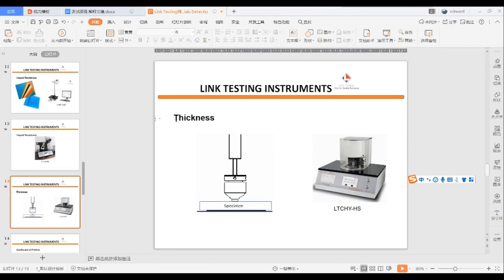Until now, all around the world, they follow ASTM standards, ISO standards, or any other standards. If the customer wants to get the thickness, they must use this kind of machine. We call it a physical touch machine to get the thickness.